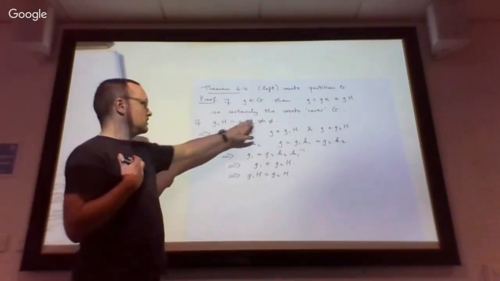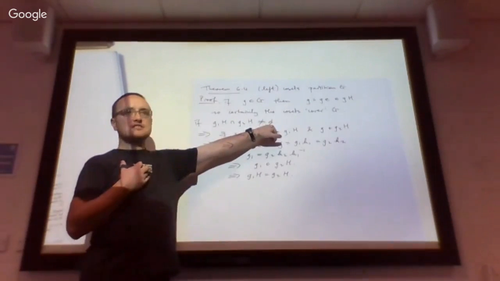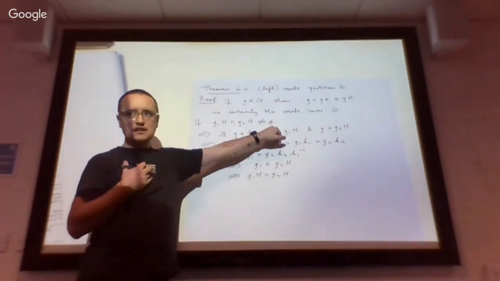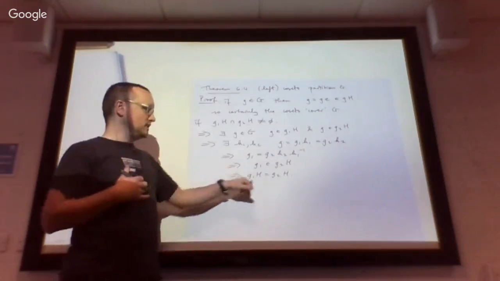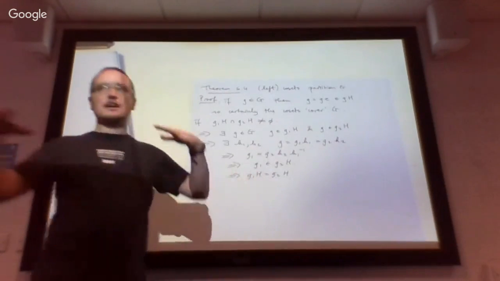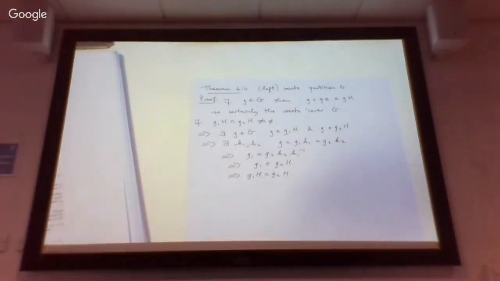So if two left cosets have any intersection at all, the intersection is non-empty, they must in fact be the same. Okay? So you never have two different cosets intersecting a little bit. They're either the same or they're completely separate, disjoint.